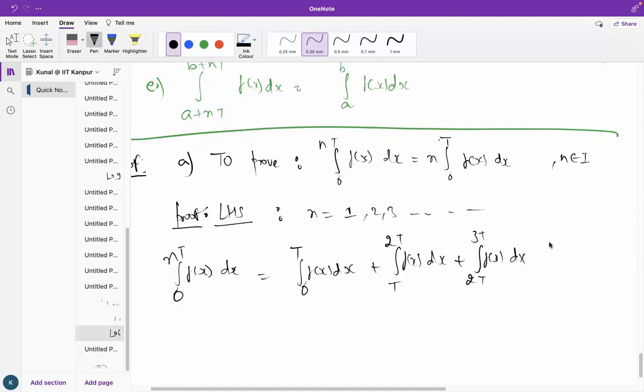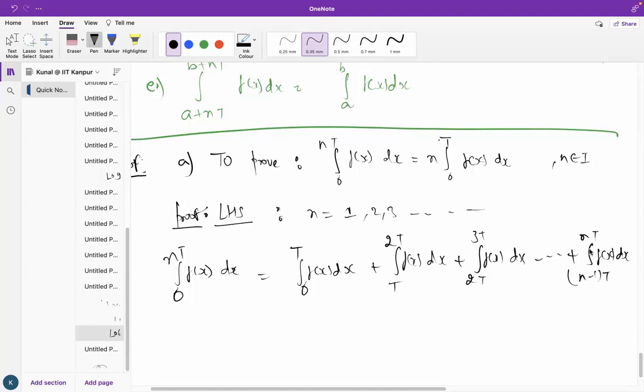We go through them one by one, up to the integral from (n minus 1)T to nT, f(x) dx. I hope you all understand what I'm trying to say.